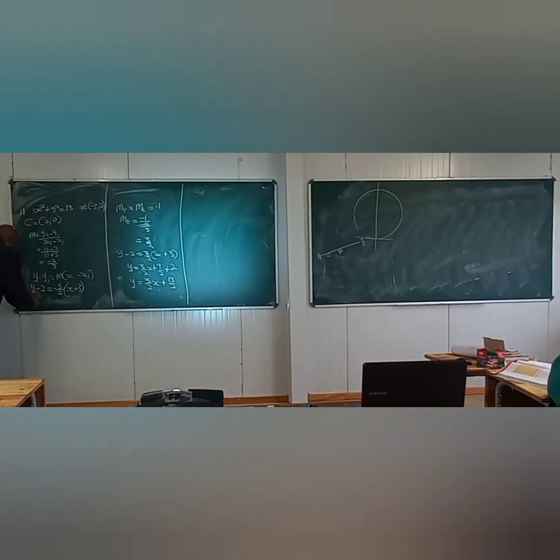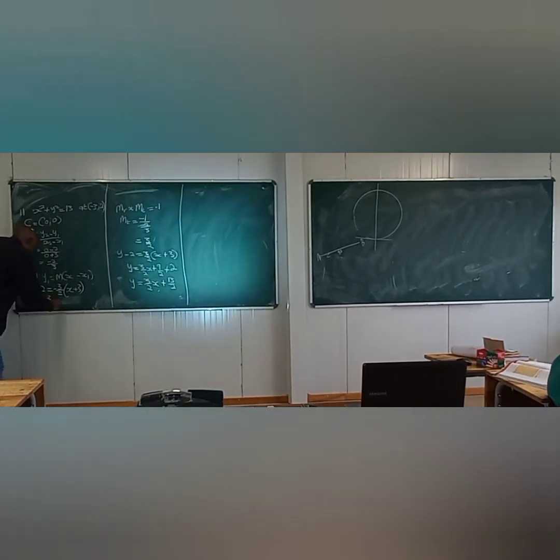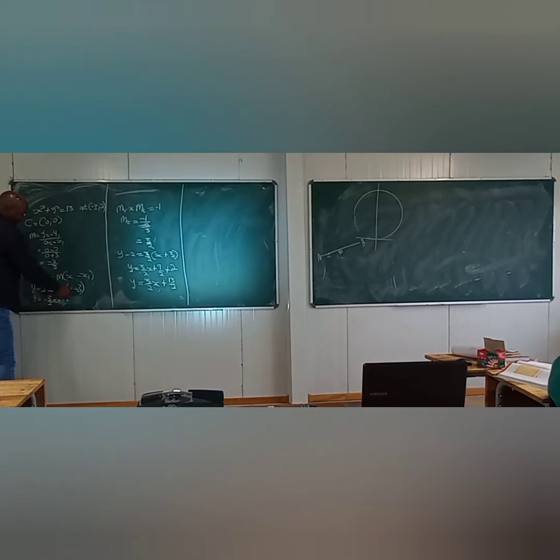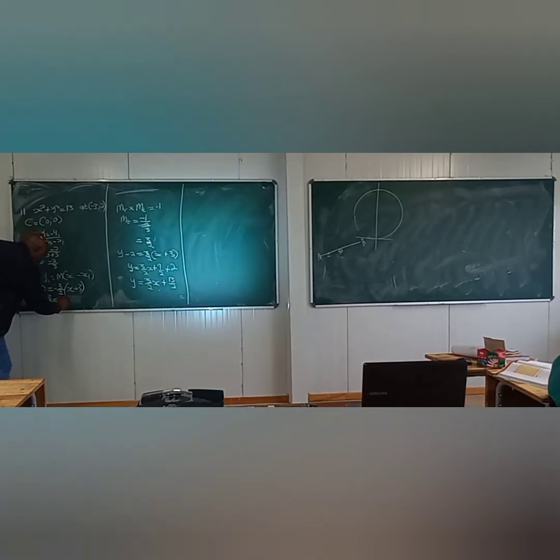Then our answer here will be y equals minus 3 over 2 x, then plus 3 plus 2, plus negative 3 over 2 times 3. Therefore, negative 9 over 2, and then plus 2.